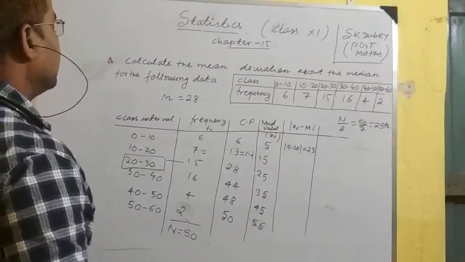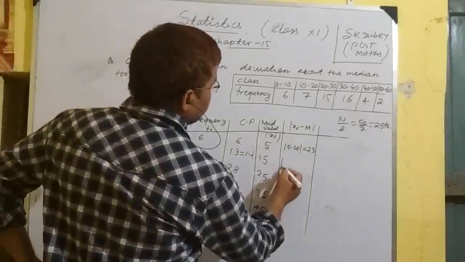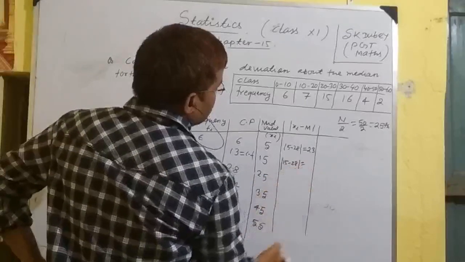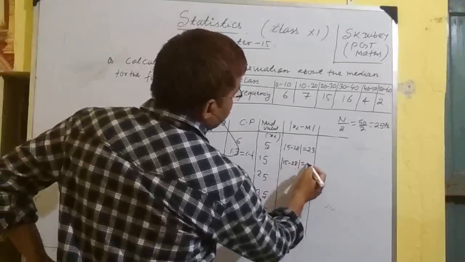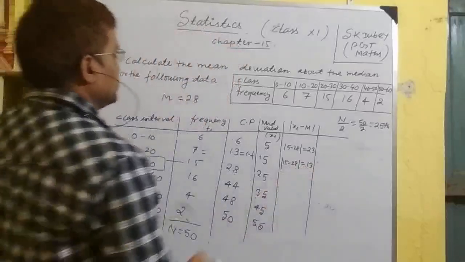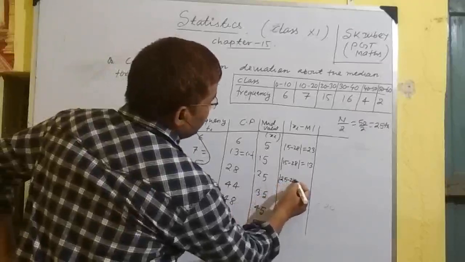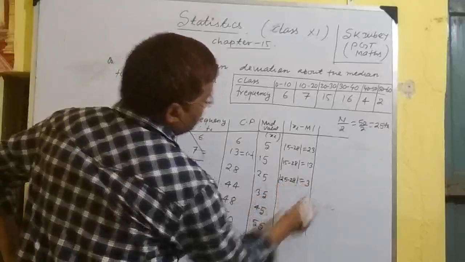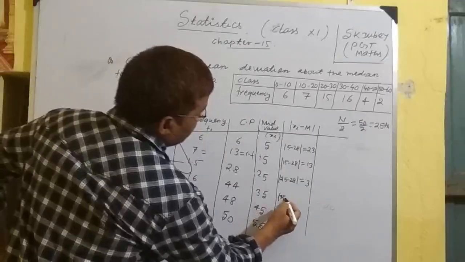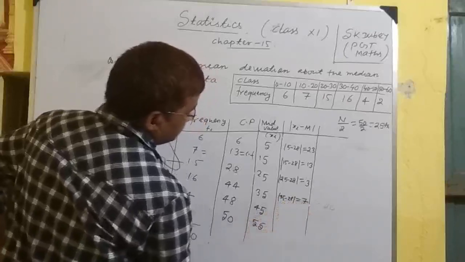So this is 23. This is 15 minus 28, and its value is 13. This is 25 minus 28, that is 3. This is 35 minus 28, and this is 7.